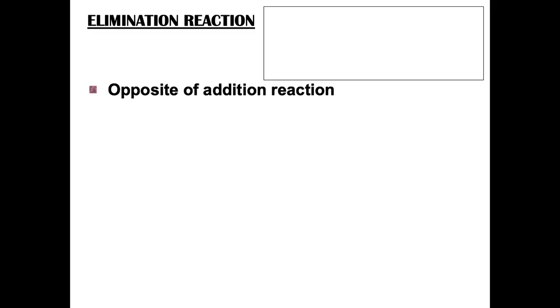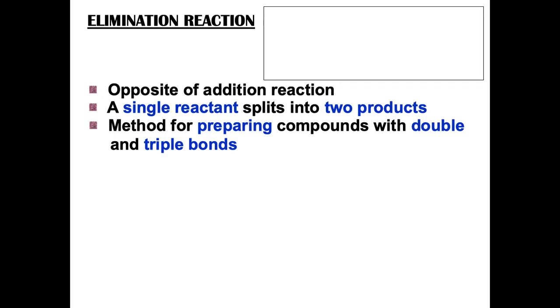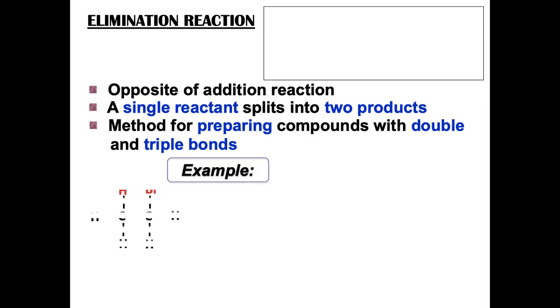Elimination reaction. This reaction is the opposite of addition reaction. A single reactant splits into two products. This is the method for preparing compounds with double and triple bonds.